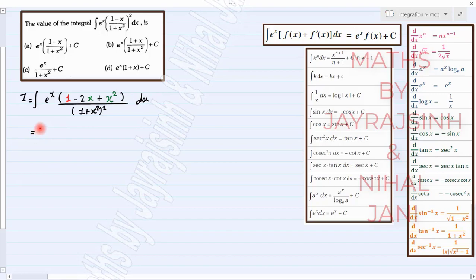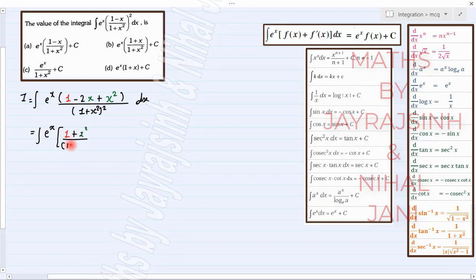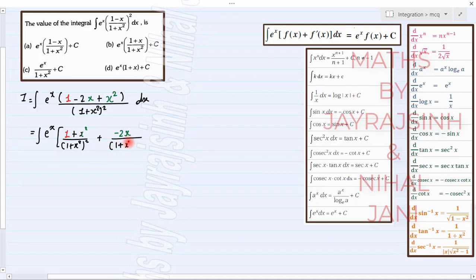Okay, now let's give individual denominator. In the first term, we will take (1 plus x square) upon (1 plus x square) the whole square. And then we will take minus 2x upon (1 plus x square) the whole square dx.